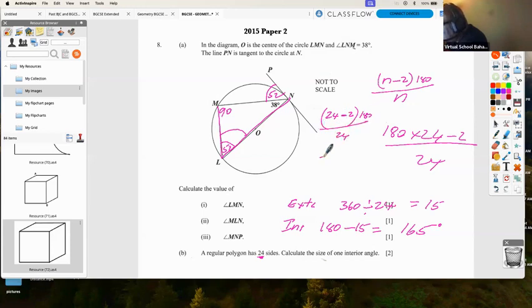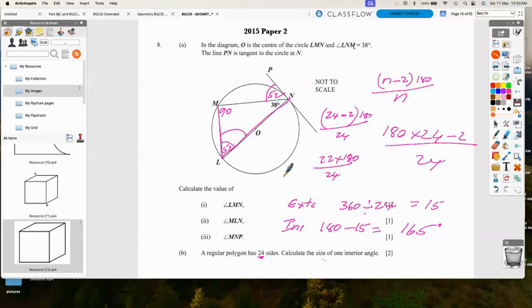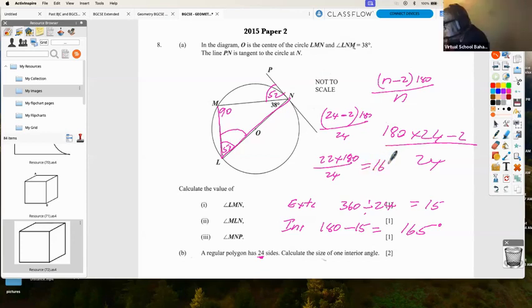So this is going to be 22 times 180, and then we divide by 24. Work that out: 165. So the top part of the formula gives you the total, the sum of the interior angles. That means the total of all 24 angles on the inside. And when we know the total, we divide by 24 to find one interior angle.